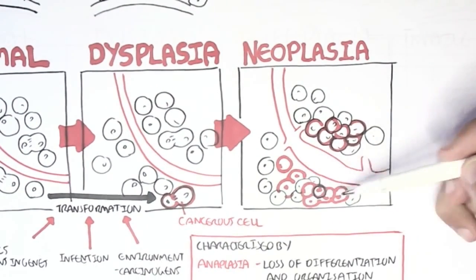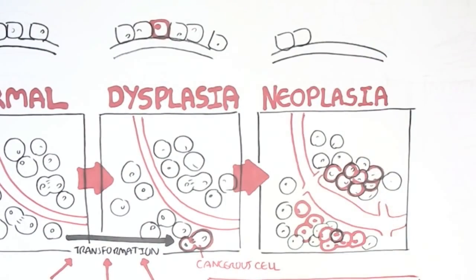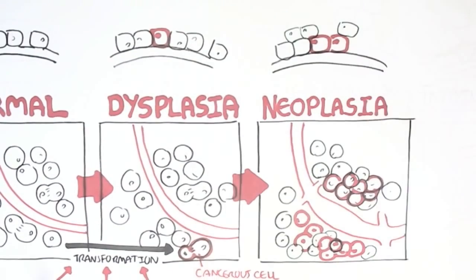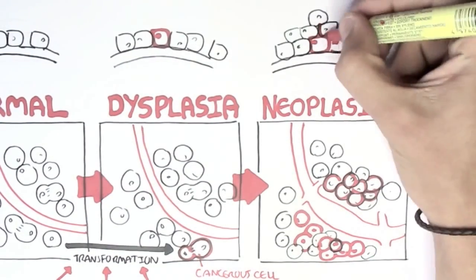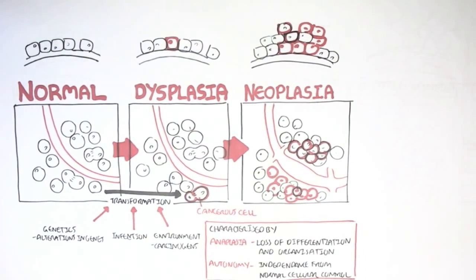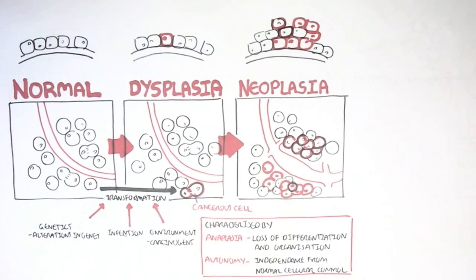So these red things now are all cancer cells, and they're stacking on top of each other. So looking at it from a layer point of view, these red cancer cells are stacking on top of each other, creating a tumor, a neoplasia. Further, you can see that there's a variety of colors, meaning a different variety of cancer cells due to continuous mutation.